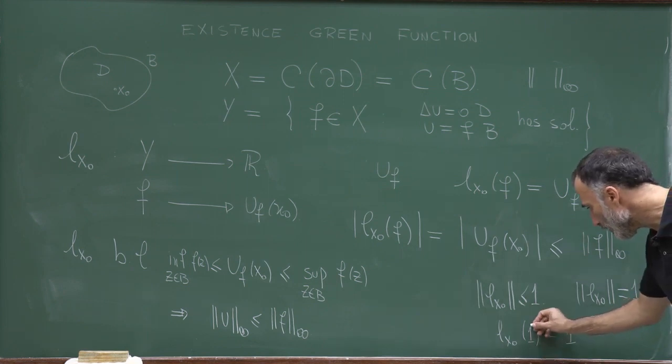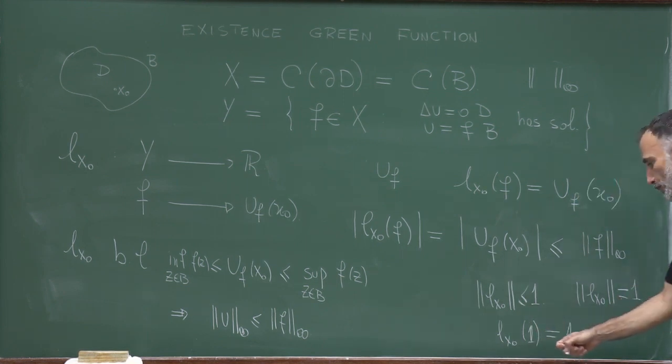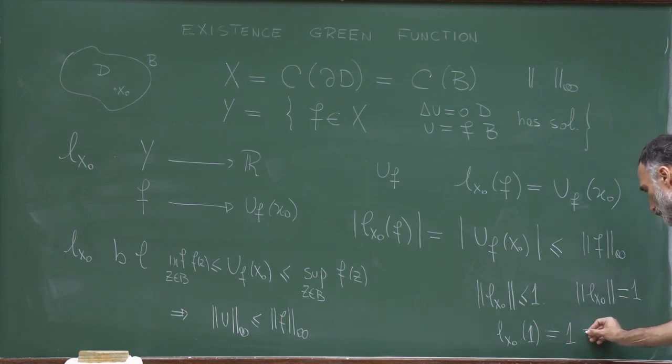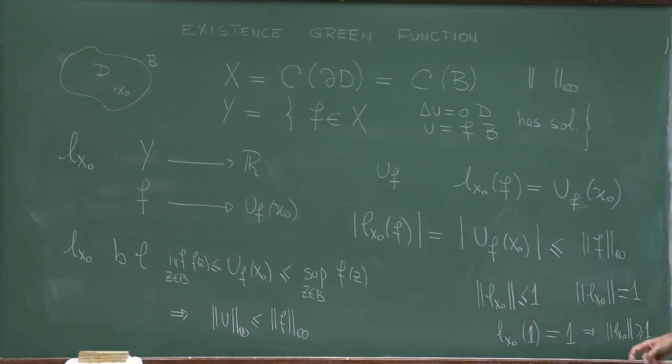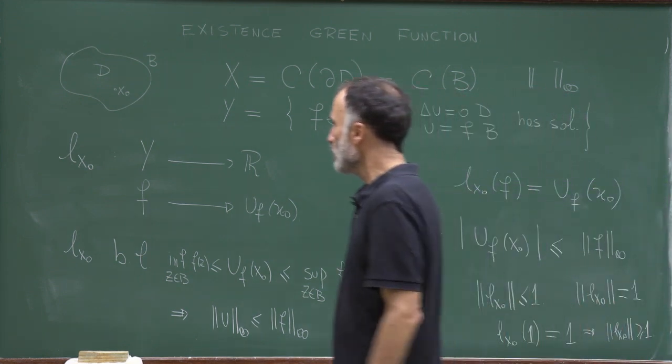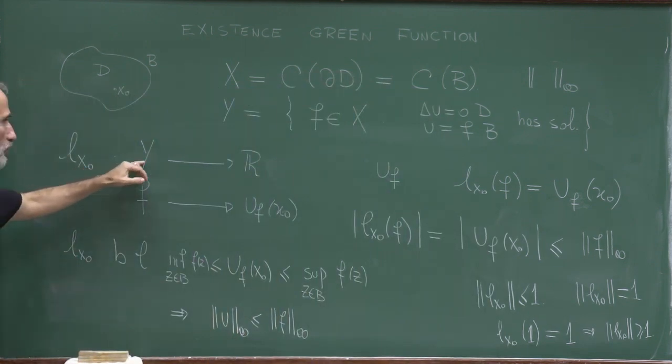So mind here, 1 represents a function which is constant equal to 1, while here it's the real number 1. It follows from this identity that the norm of L_{x0} is larger than or equal to 1. And since we proved that it's less than or equal to 1, we get that actually the norm of L_{x0} is equal to 1.